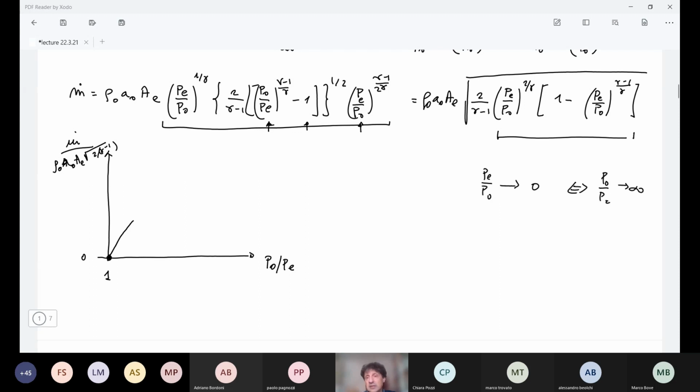So once we decrease sufficiently the ambient pressure compared to the reservoir pressure, the terms in square brackets become 1, whereas this term goes to 0. So we have to imagine that here we are also going towards 0. And this is a positive function, so we can expect that somewhere we will reach a maximum value.